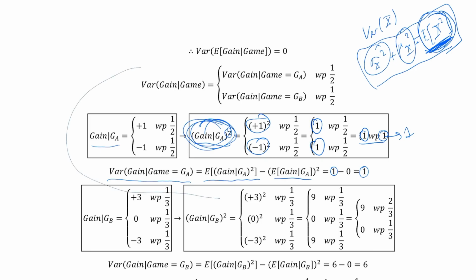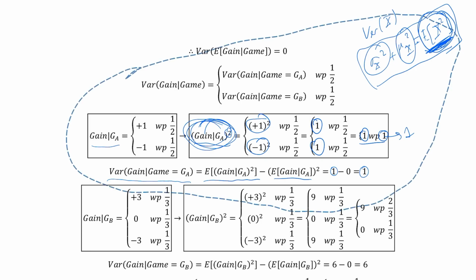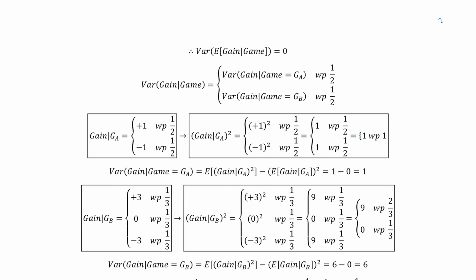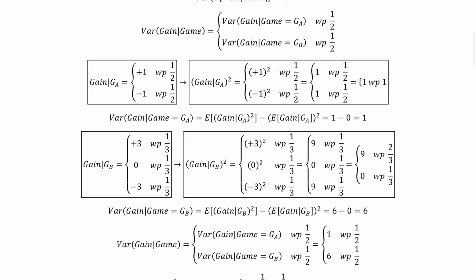Let's do the same thing for B. Here let's express the gain given game B. This is a random variable, and these are the values, and these are the probabilities. So this is a multinomial distribution.